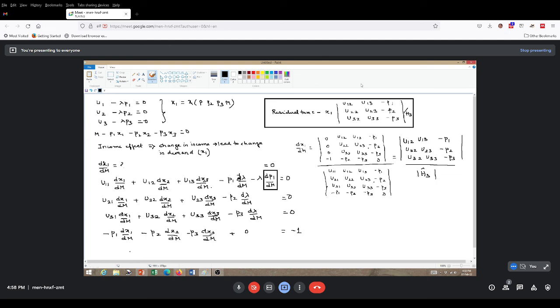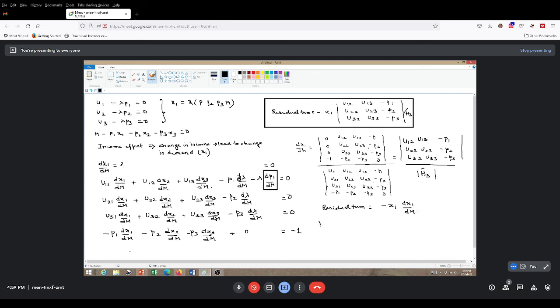Okay. Now look at the residual term. U12, U22, U32. This is exactly what we have. U13, U23, U33. Right. P1, P2, P3. Right. And divided by the third order bordered Hessian. So that means the residual term is minus x1 dx1 by dm.